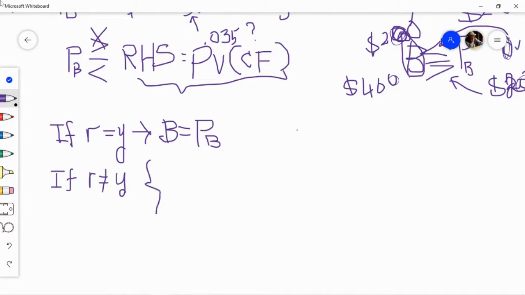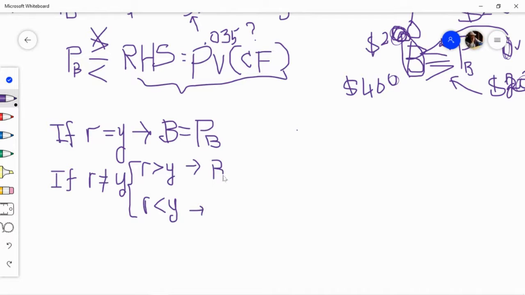Then there are two possibilities. R being greater than Y, or R being less than Y. What does that mean?